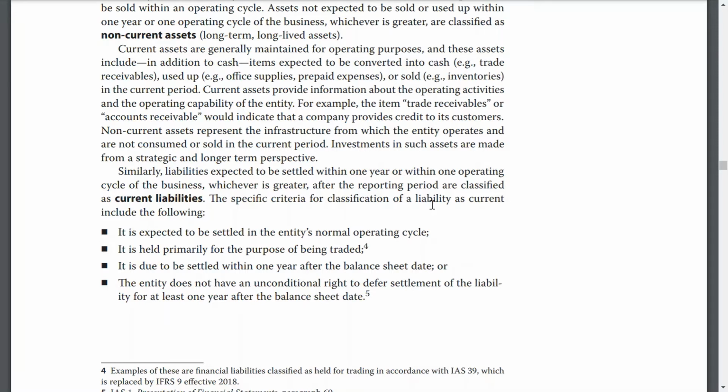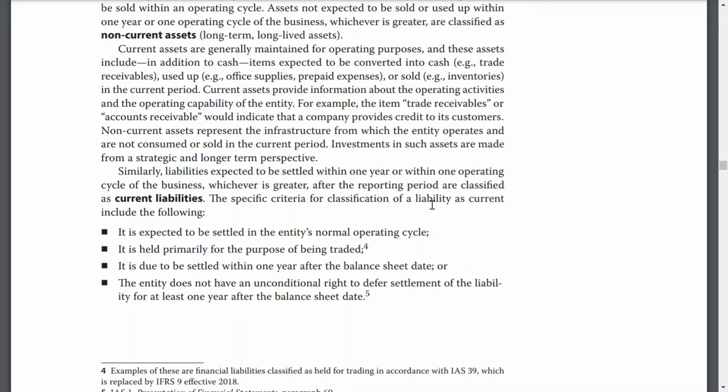For example, the item trade receivables or accounts receivable will indicate that a company provides credit to its customers. Non-current assets represent the infrastructure from which the entity operates and are not consumed or sold in the current period. Investments are made from strategic or longer-term perspectives.